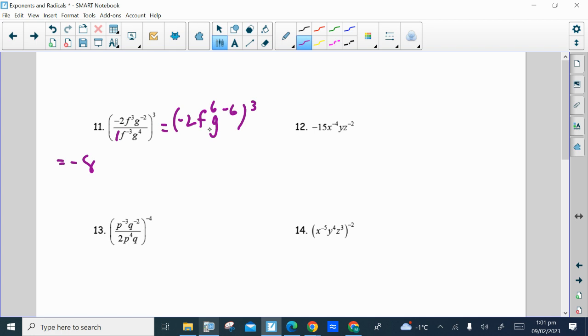And then f to the 6th is raised to the 3 by multiplying the exponent. 6 times 3 is 18. Base stays the same. And then the g is negative 6 times 3, which is negative 18. So there's where we are.